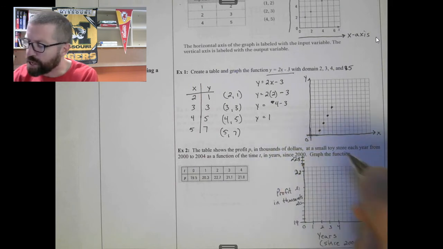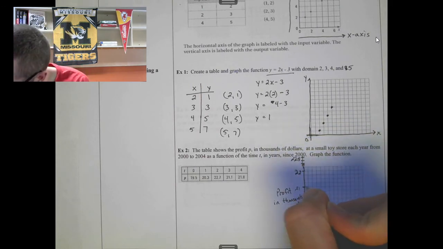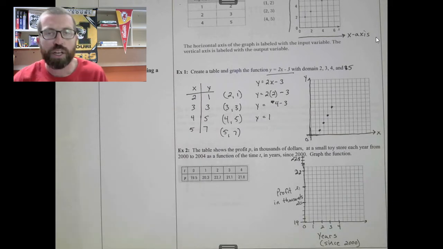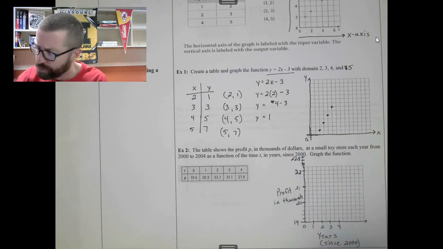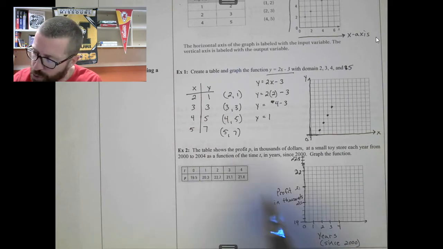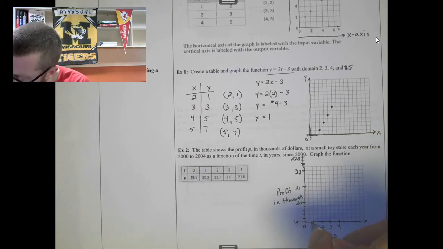So, when you're having to make these graphs with kind of these weird scales or kind of specific scales, do the best you can by hand. You won't be penalized if you go off the graph like this or something like that. Okay, so then just plot each point, 0 and 19.5. So 0 is somewhere at 19.5.